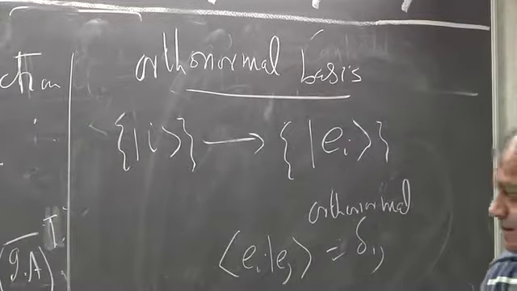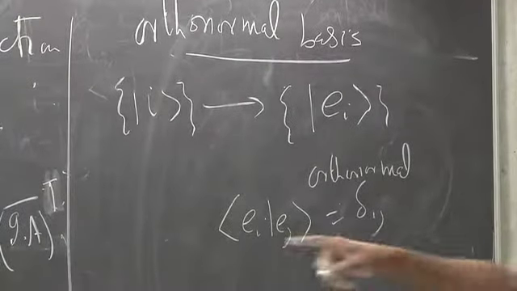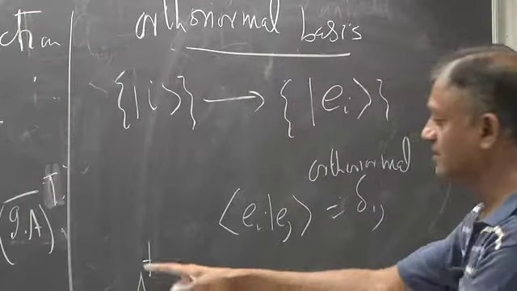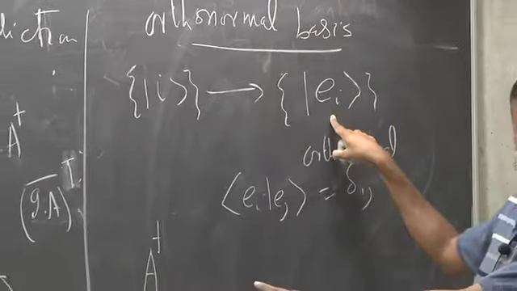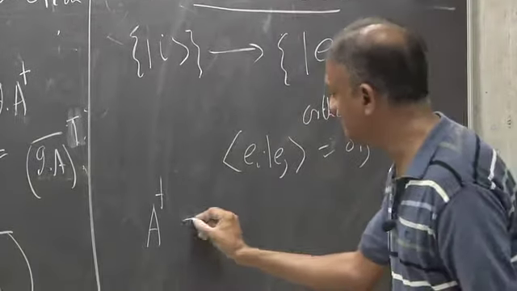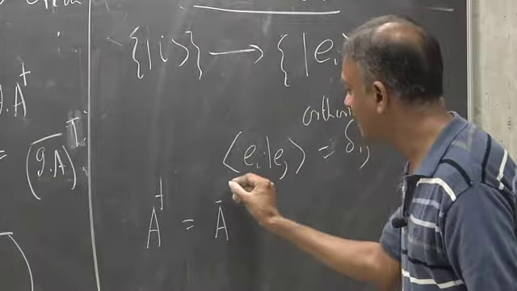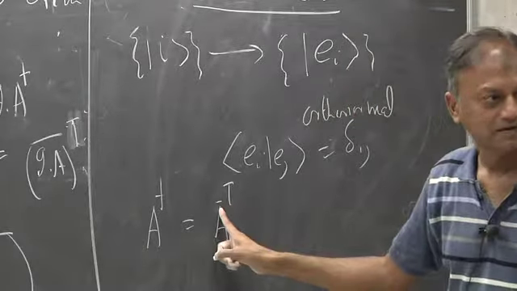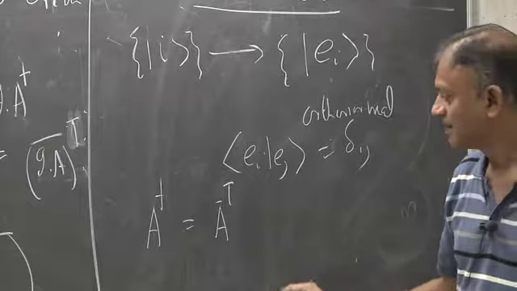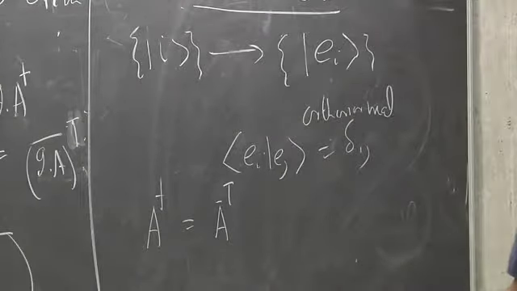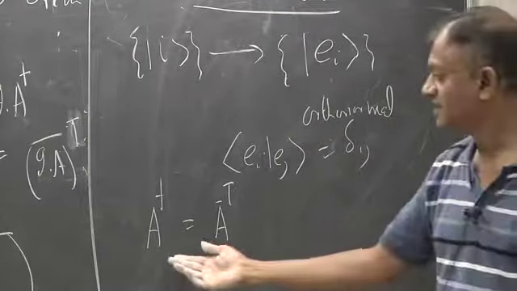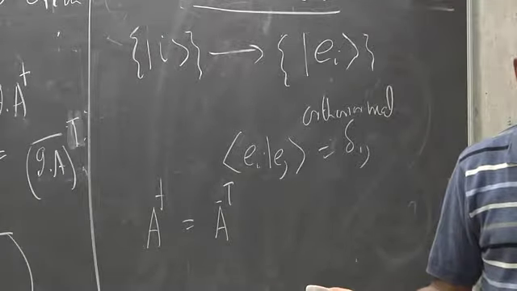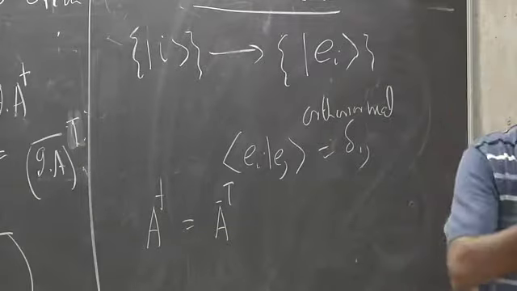That's the Kronecker delta. So in that case, you now write the matrix of the adjoint operator, A dagger, in this basis. In this basis, the adjoint operator is simply A bar transpose. So take the matrix of A, take the transpose and complex conjugate. And a Hermitian operator will give you simply that the dagger is the same as the original matrix, which is the usual thing that you are familiar with.